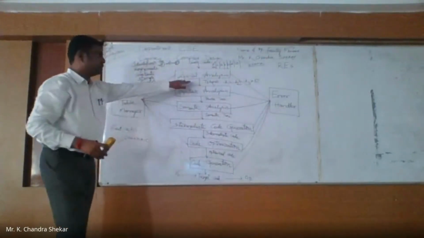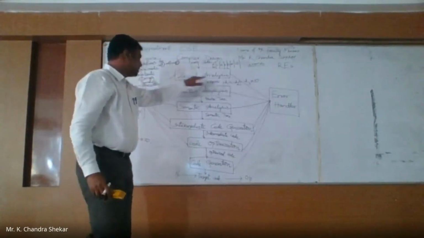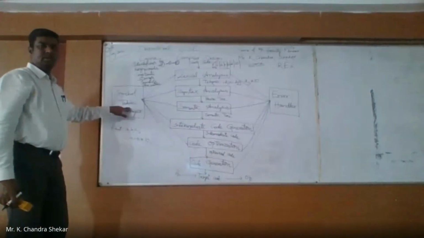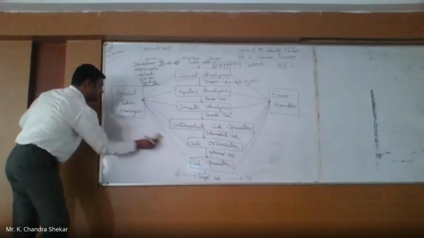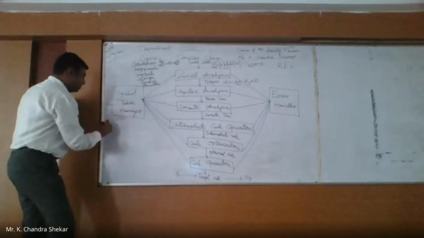Once the tokens are identified after the first phase of the compilation process, the operation of the symbol table manager starts as well. What is the symbol table manager? The symbol table manager maintains the entries in a symbol table.